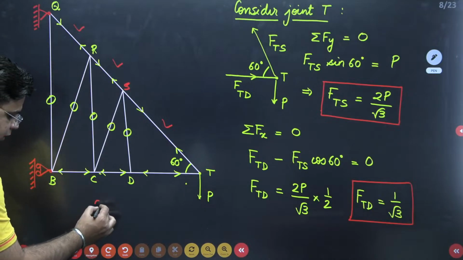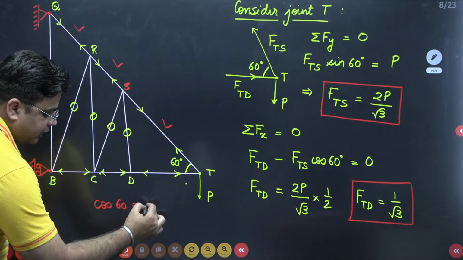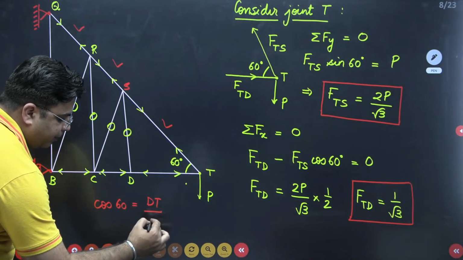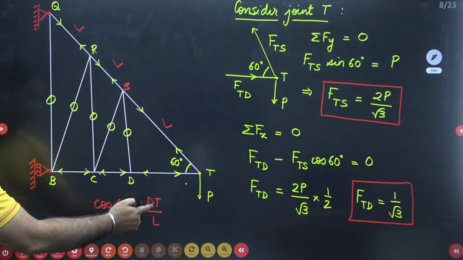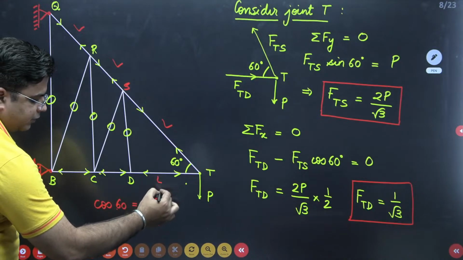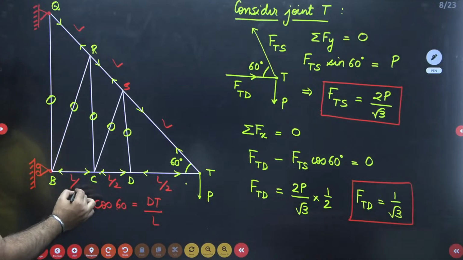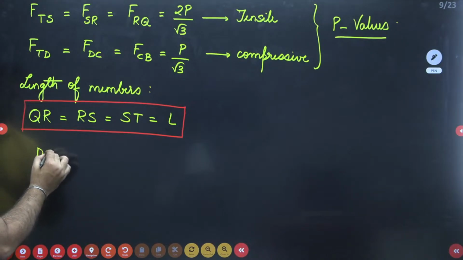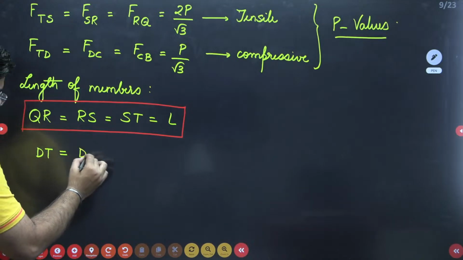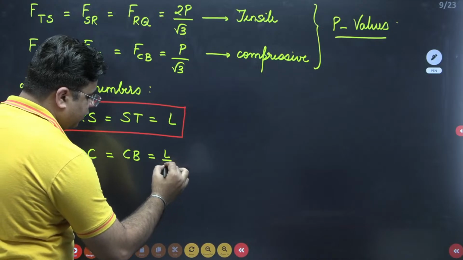When you take cos 60 degrees, this is equal to this base DT by hypotenuse, which is L. Cos 60 is 1 by 2, so DT will be L by 2. So this length will be L by 2, this length will also be L by 2, and this length will also be L by 2. So the length for the members DT, DC and CB is equal to L by 2.